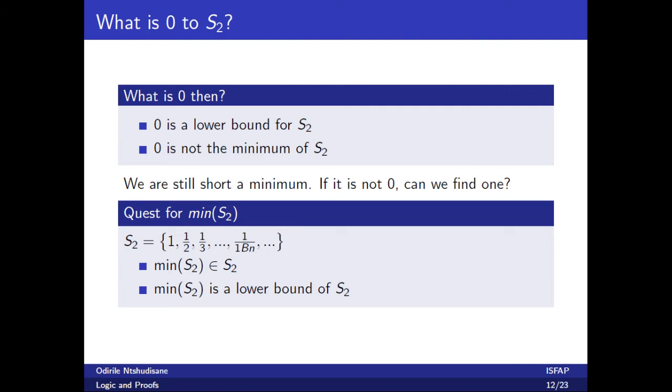So, what exactly is 0 to S2? And if it's not the minimum, what is the minimum of S2? Let's try and find out what the minimum of S2 is.